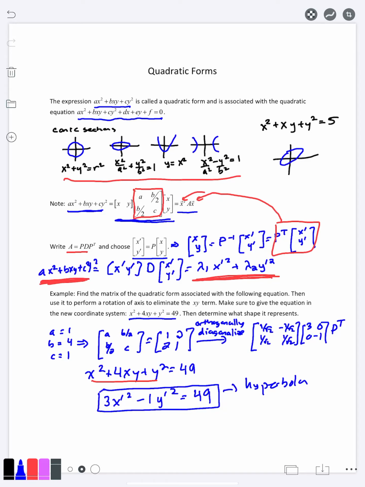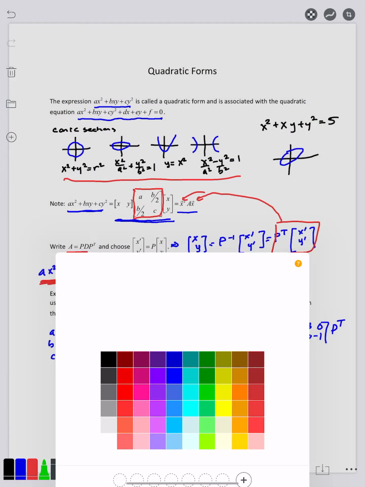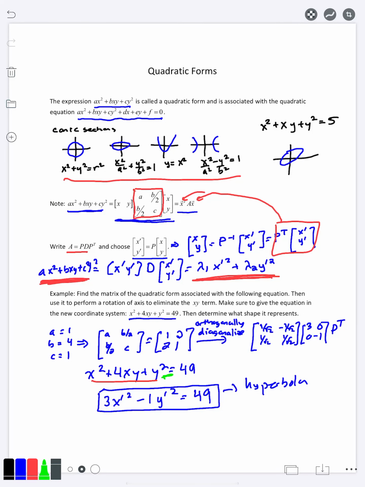I do want to give you one warning here. If you have other terms that are not part of the quadratic form, remember, the quadratic form is just the things that are all degree 2. So if I had, like, a plus 5x or something that was degree 1, I have to actually figure out what that is using the fact that my x, y is P times x prime, y prime.